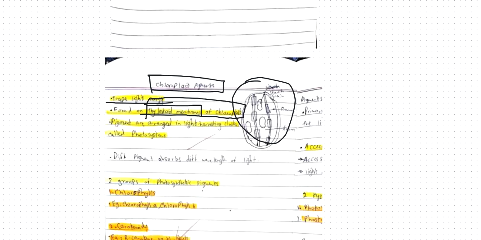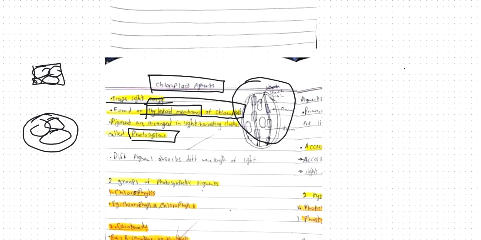The pigments are arranged in light harvesting clusters called photosystems. So these pigments are bunched together in many combinations, and these combinations are called photosystems. So all of the pigments come in one place. Many pigments are concentrated in one place, and that's called a photosystem.